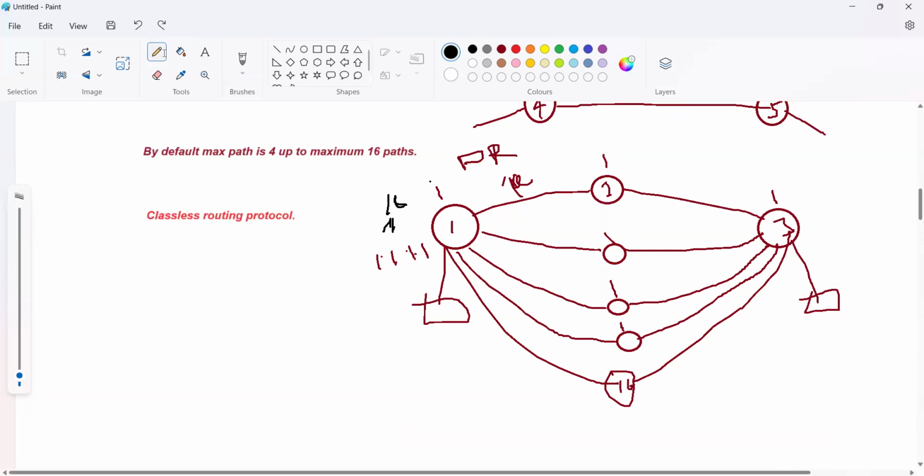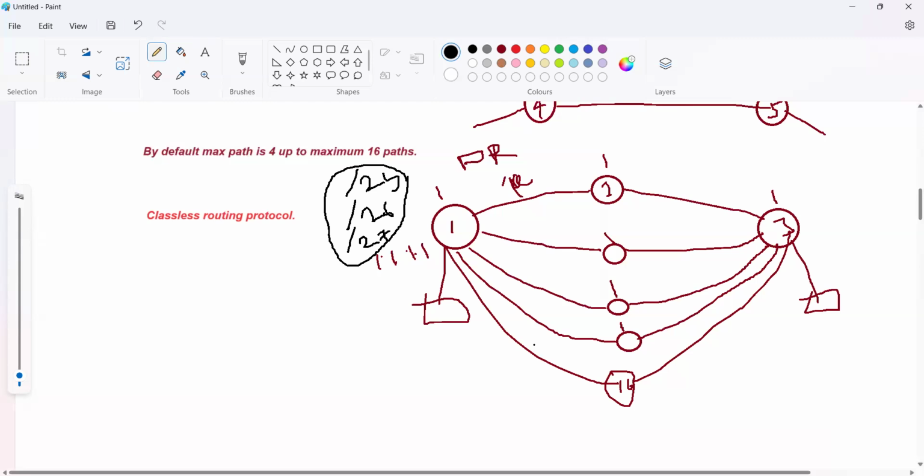But in classless routing protocols, if you are using /25, /26 and /27, they will carry the subnet mask. OSPF, EIGRP and IS-IS are all classless routing protocols. They carry the subnet mask information.